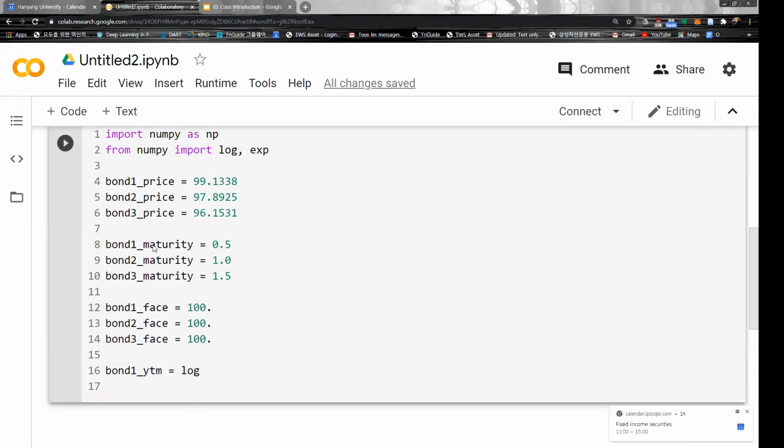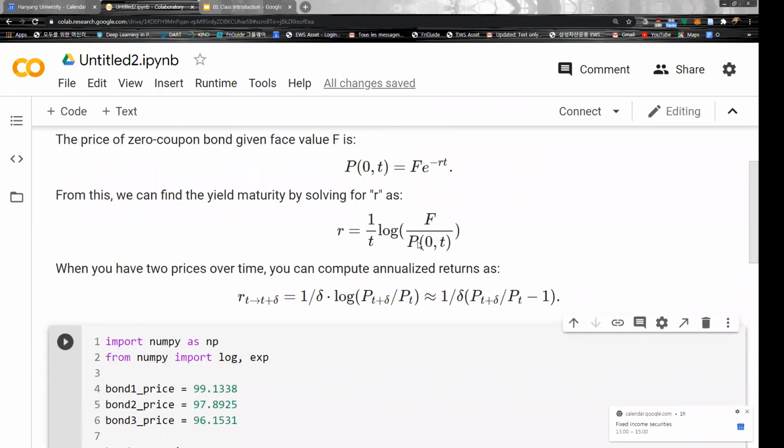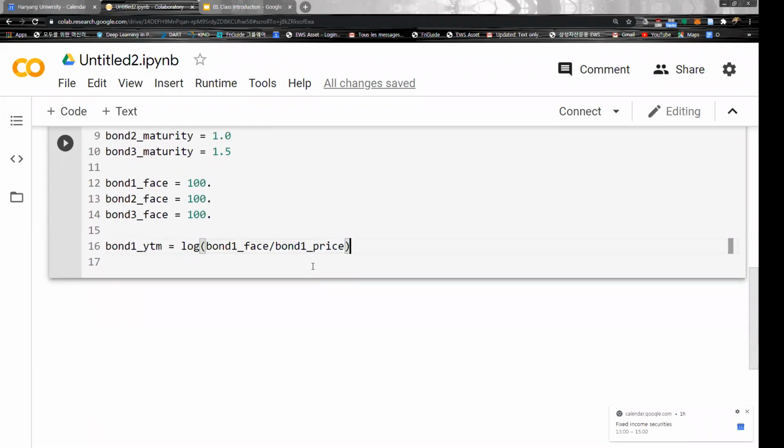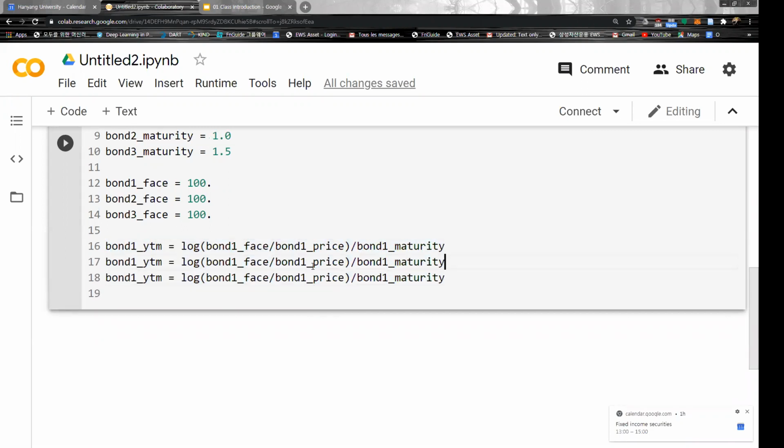We already learned how to do it, right? It is log of bond one face over bond one price. And then we have return and we have to normalize it, so basically we are using this formula. Yield to maturity divided by one over bond one maturity, right? And then copy paste.